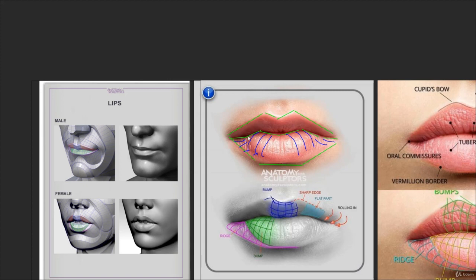And note how this concave part is just right to fit the upper lip, that we have this nice volume, and this will fit right into this concave part, right?